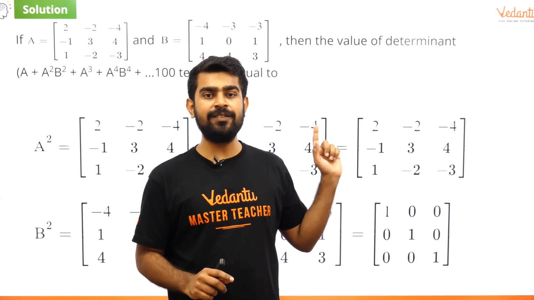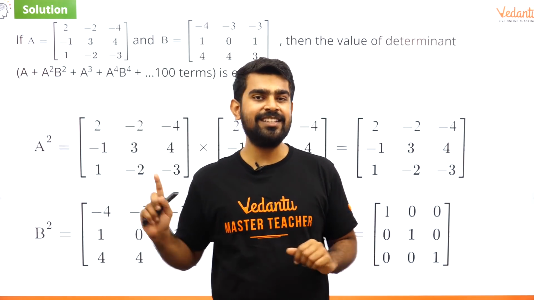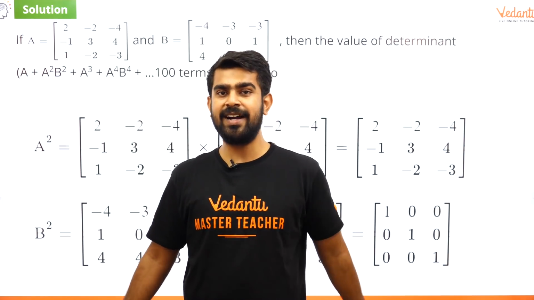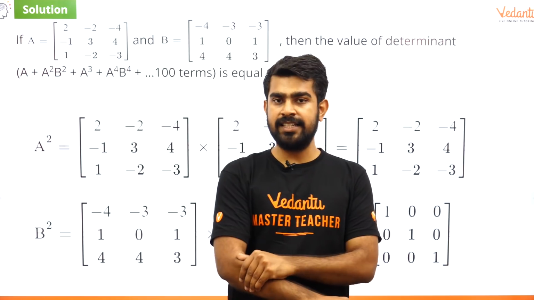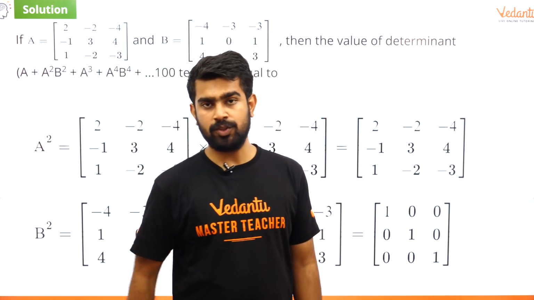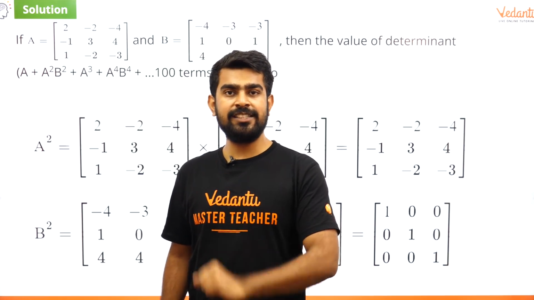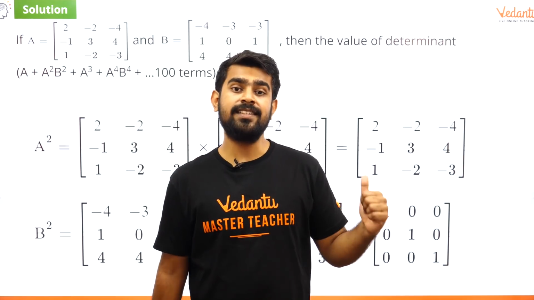Okay, so A square will be equal to A, and what is B square equal to? B square is equal to I, guys. That is also a very tricky part in this question. So now that we have this condition with us, let us go back and try to solve this question. Okay, so what are such matrices called as? Can you all comment it down or type it in the chat? What are such matrices called as?